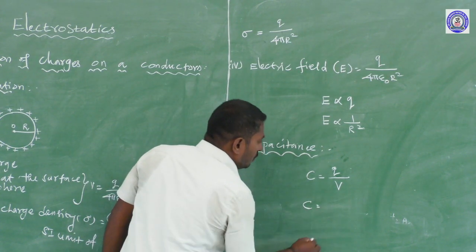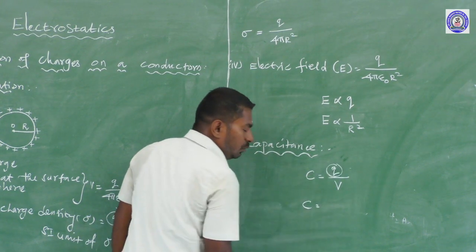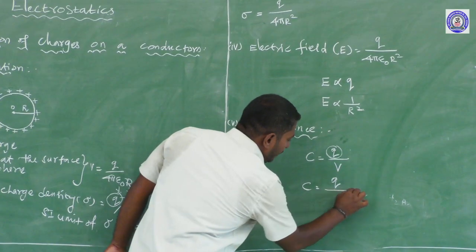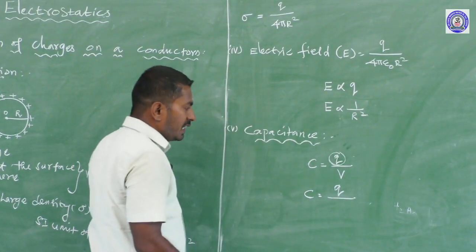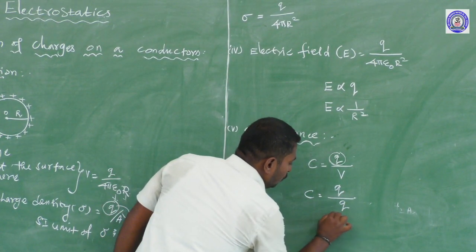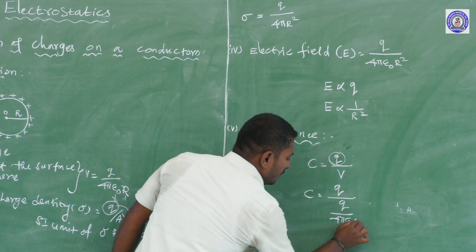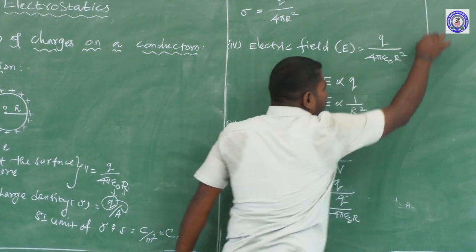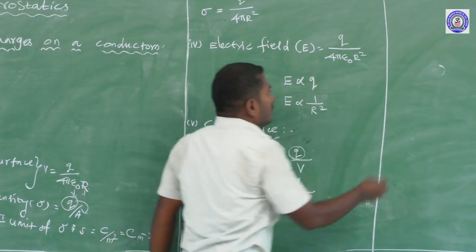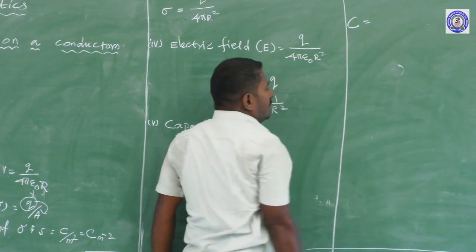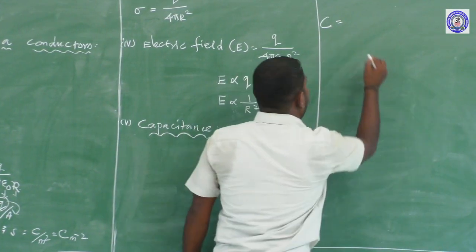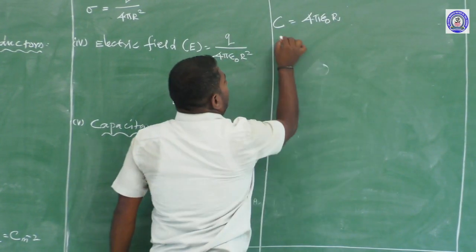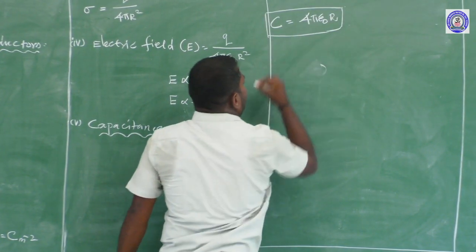So C is equal to Q divided by the potential at the surface of the metallic sphere, Q divided by 4 pi epsilon naught R, where Q gets cancelled out. Then capacitance of a spherical charged metallic conductor C is equal to 4 pi epsilon naught R. It is another basic information.